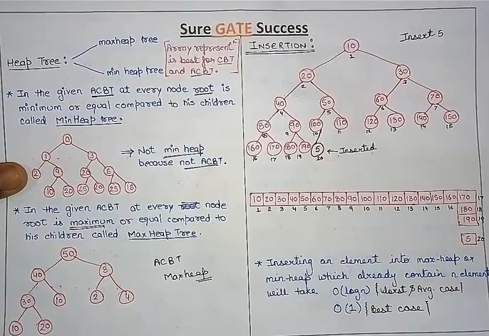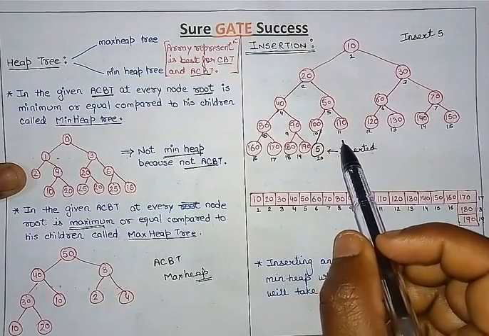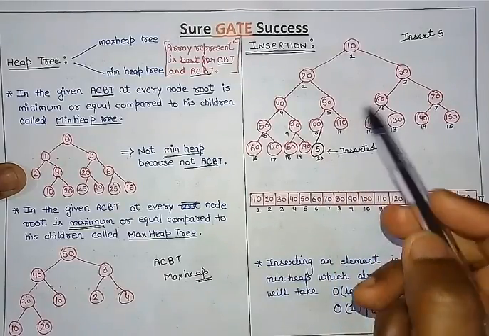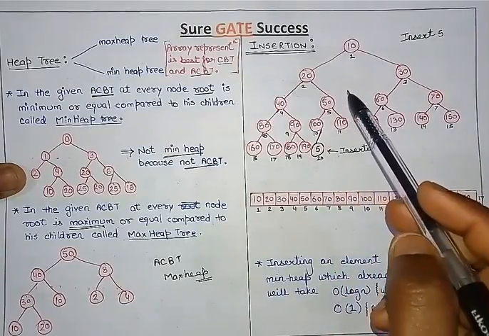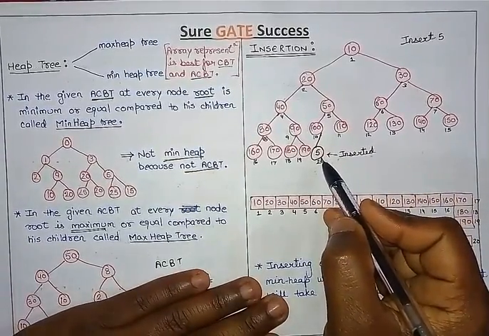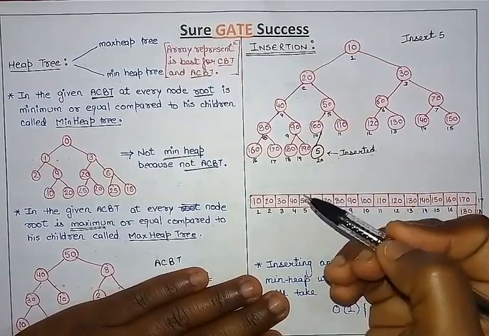If we insert 5 at the 20th position, there might be a chance that the order of the binary tree will be violated, because we have a min heap here, and after inserting 5 it doesn't satisfy the property of a min heap. So what we have to do is arrange it. How can we arrange?